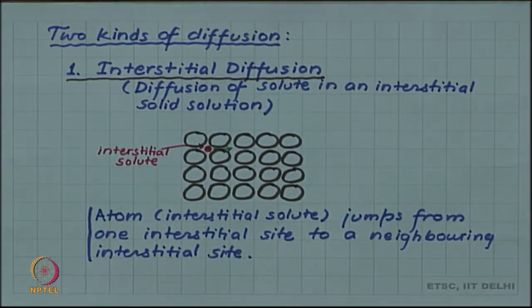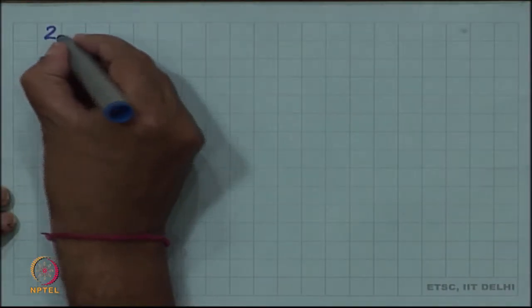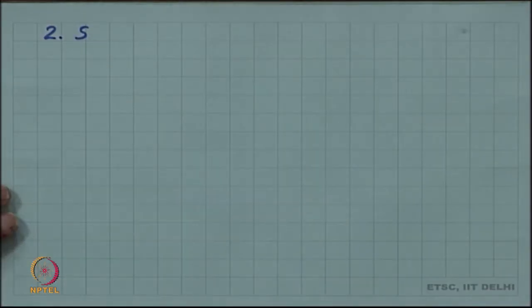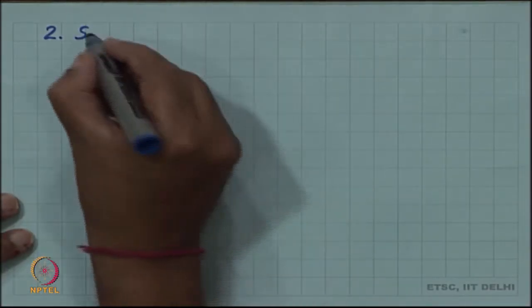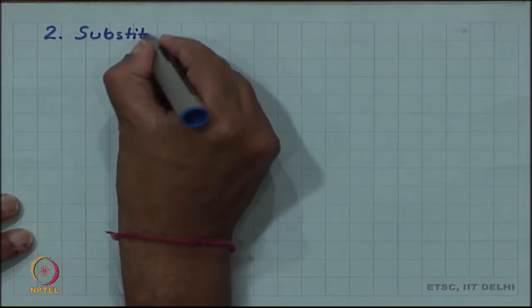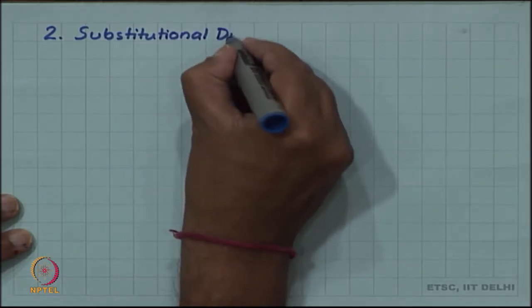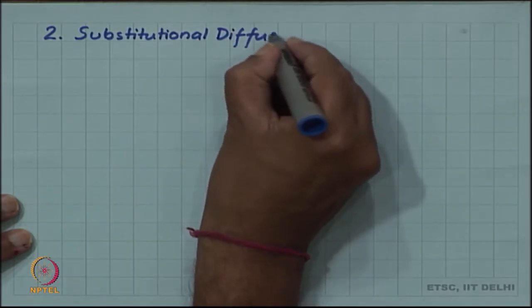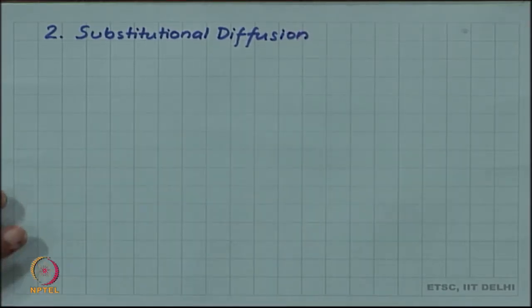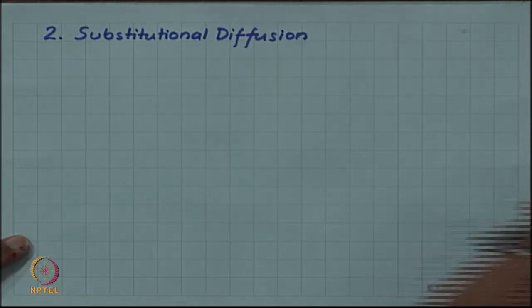The next type is substitutional diffusion. Recall that the second type of solid solution which we considered was substitutional solid solution. So, the corresponding diffusion will be called substitutional diffusion. Let me make a situation for substitutional diffusion.